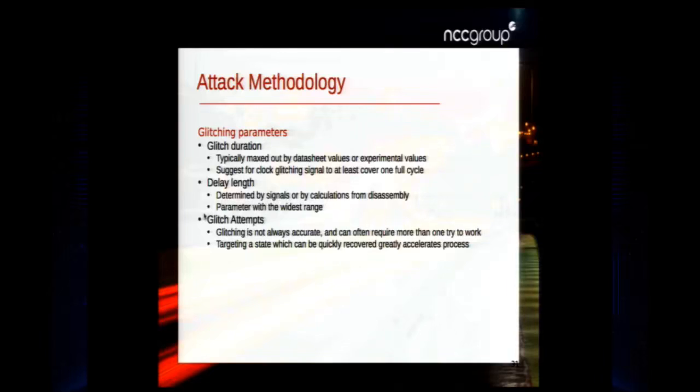The delay length is the period from when we wait to send out our glitching signal. Another thing you have to consider is that these types of attacks don't always work the first time you try it. So you often have to try it over and over again, over a tight range.